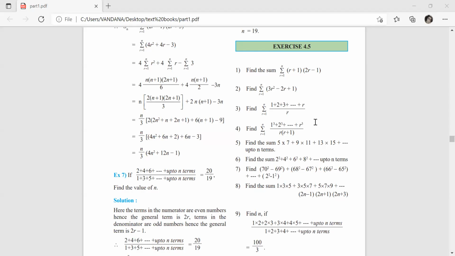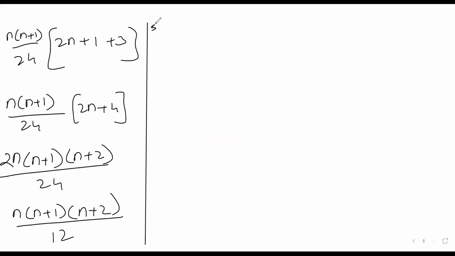Find the sum 5 into 7 plus 7 into 11 plus 11 into 15, so on up to n terms. Fifth sum. 5 into 7 plus 9 into 11 plus 13 into 15, so on up to n terms.